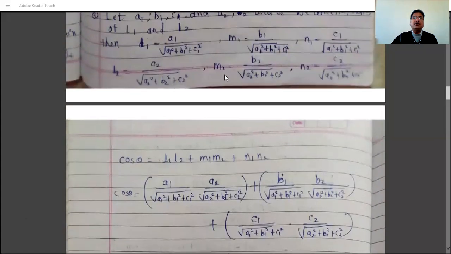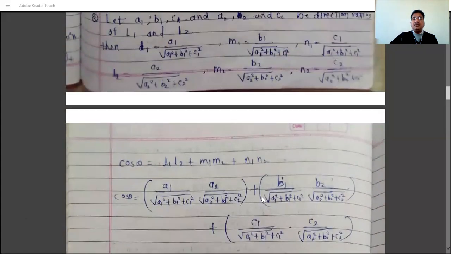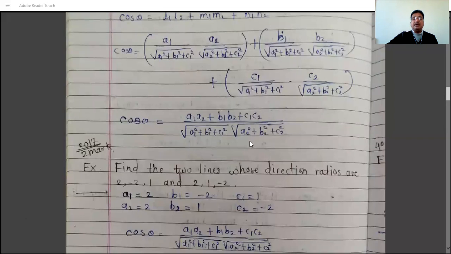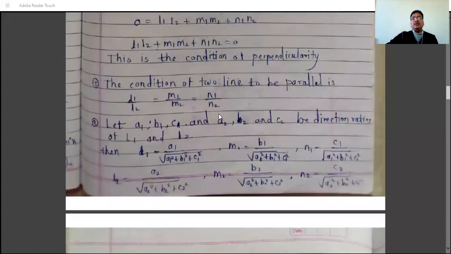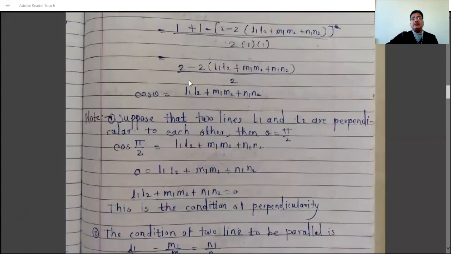So these are the two formulas to determine the angle between two lines. If we know the direction ratios of the two lines, use this formula, and if we know the direction cosines, use this formula.